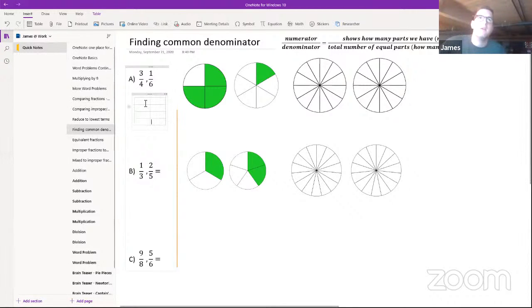And I'm going to use a table to do that, to start writing out the multiples of 4 and 6. So first, 4 times 1 is 4, and 6 times 1 is 6. Let's see, is that big enough on the screen? I'll bump the size up a little bit.